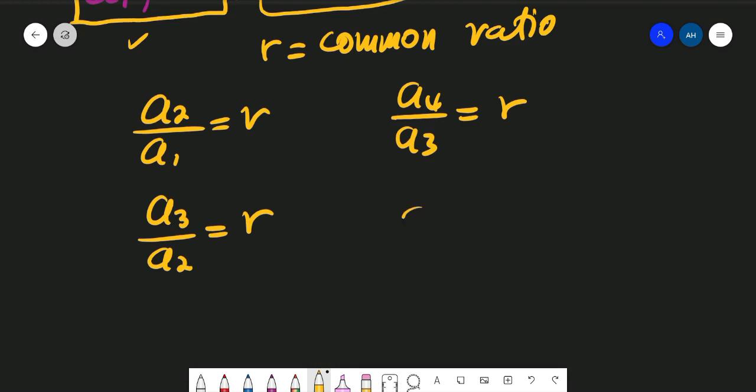That is, an, any value for n, divided by the previous term, that is an minus 1, also equal to R.